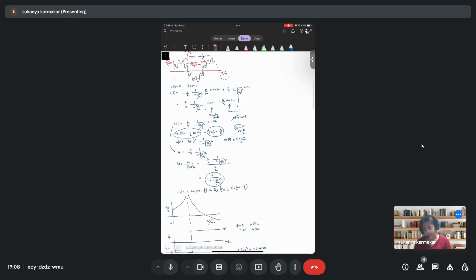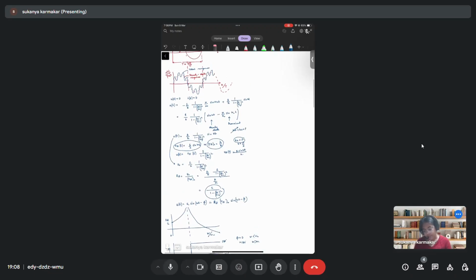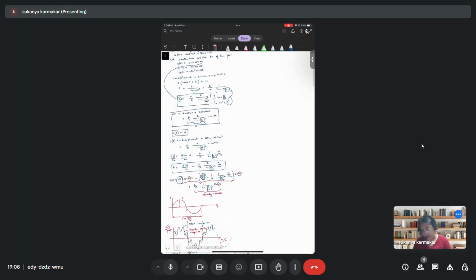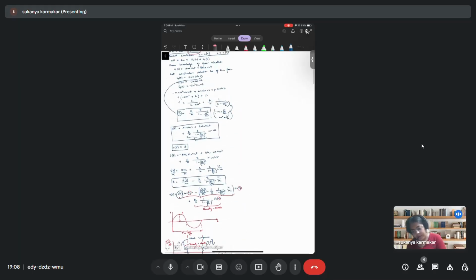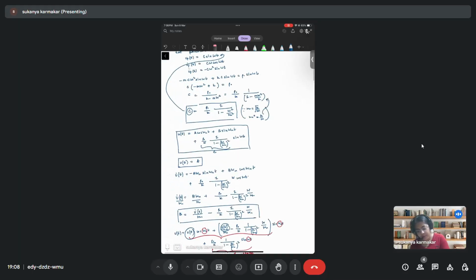Because in the particular solution which we found, our constant was of this form, where if omega is equal to omega n, c will go to infinity and we can't use this solution.